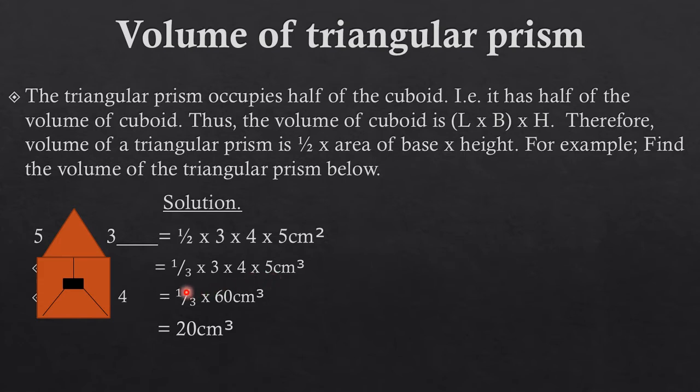So now we are to find 1/3 of 60 centimeters cubed. Simply use 3 to divide 60. When you divide 60 by 3, we are left with 20 centimeters cubed. 6 divided by 3 is 2, you bring down the 0, which is 20. 20 times 1 is still 20 centimeters cubed.